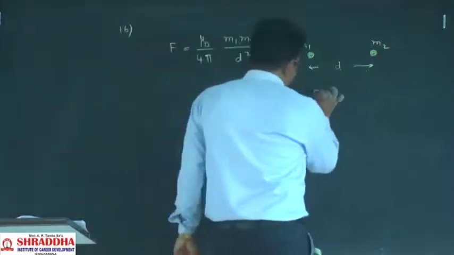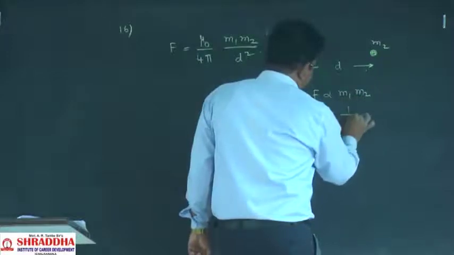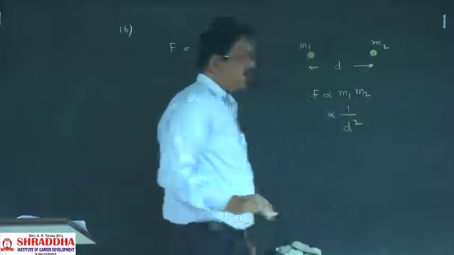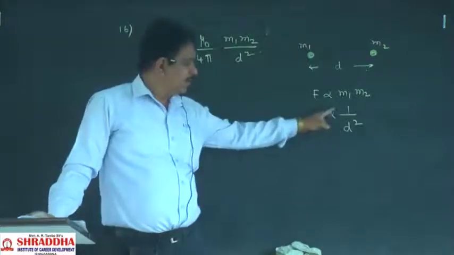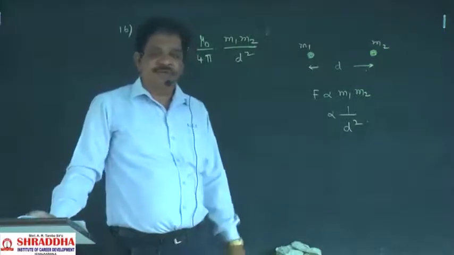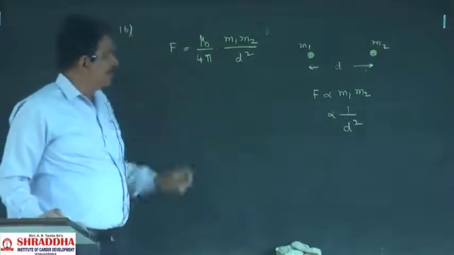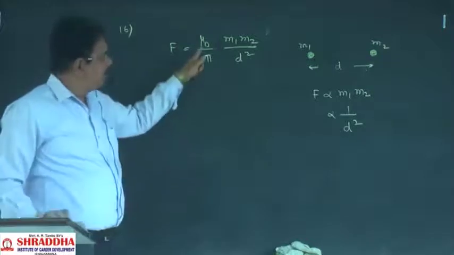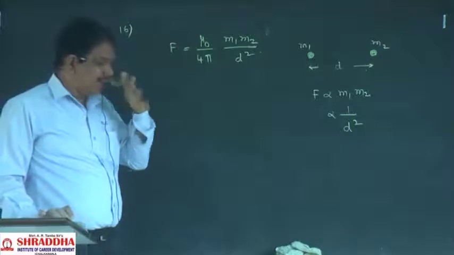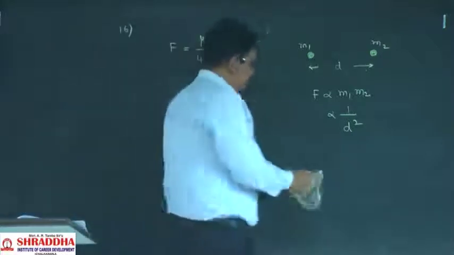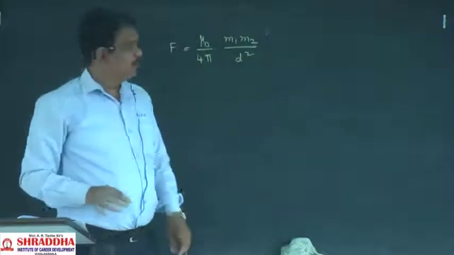The force of attraction or repulsion between them is directly proportional to their pole strengths and inversely proportional to square of the distance between them. From that, this formula will come. Here mu naught is called permeability, magnetic permeability. Okay. From this you can calculate now.